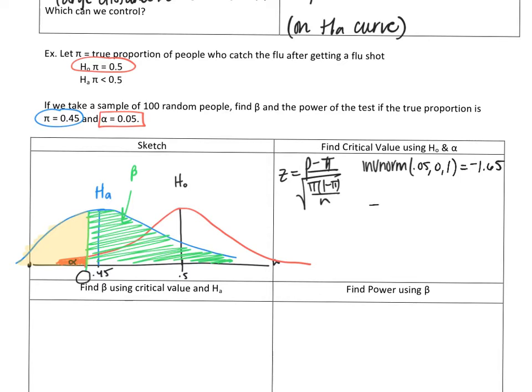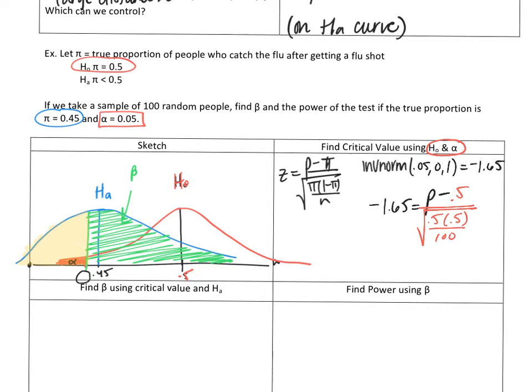So I'm using negative 1.65 equals p minus. Now, notice this says using the null and alpha. So the pi for the null is 0.5. So I'm going to be using 0.5 here. And n is 100.